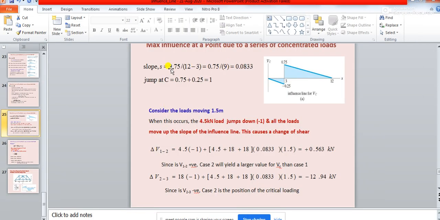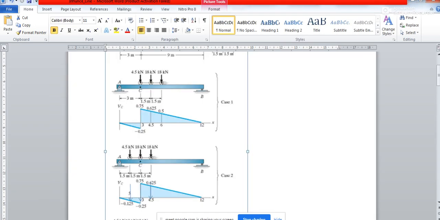So here it will be 0.75 by 9. In the other case, you are going to get 0.25 by 3, which will give you nothing but 0.0833. So that means you observe the slope of this line and the slope of this line will be having a value of 0.0833 only. Okay, so now you come to the problem, exactly what you need to do.